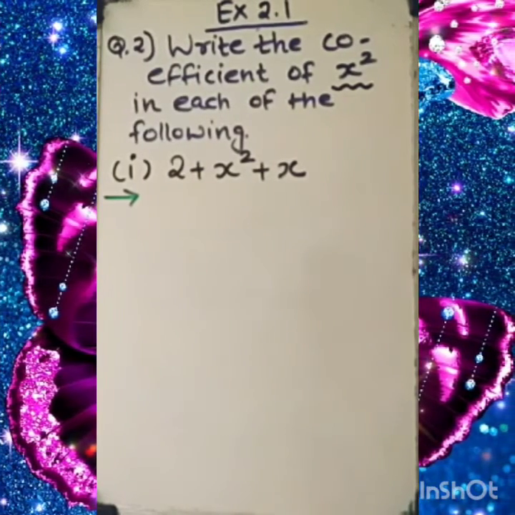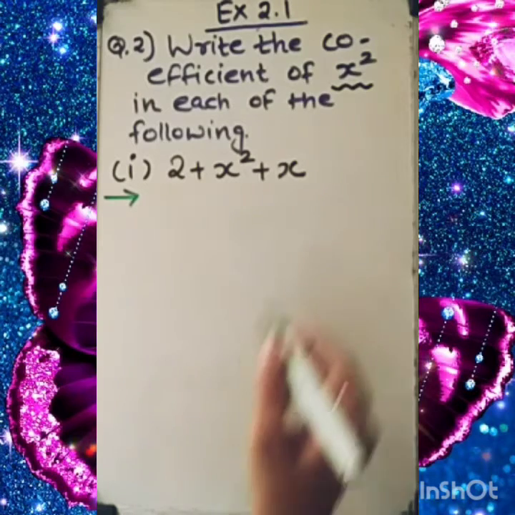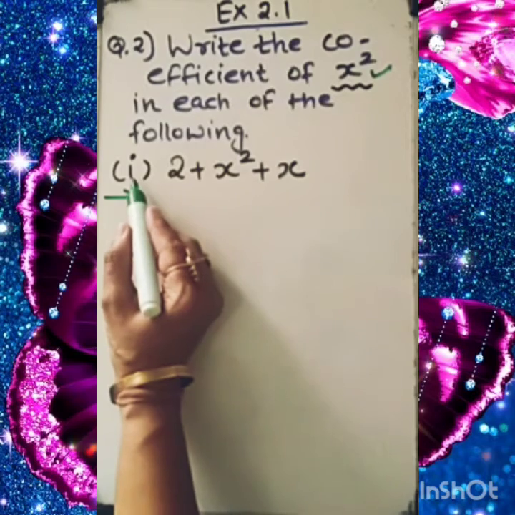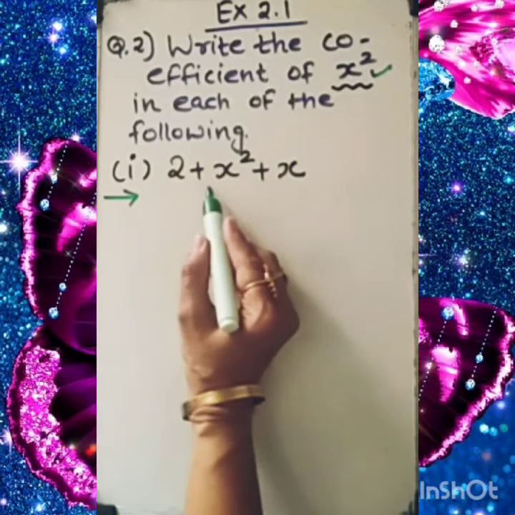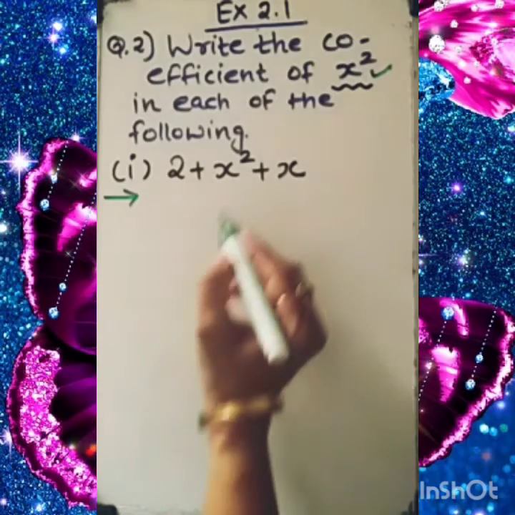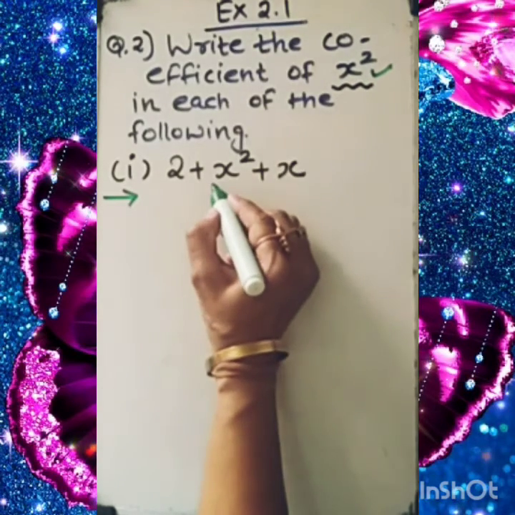Exercise 2.1. The question is: write the coefficient of x square in each of the following. Whose coefficient do we need to write? x square. The first polynomial given is 2 plus x square plus x. We need to write the coefficient of x square.